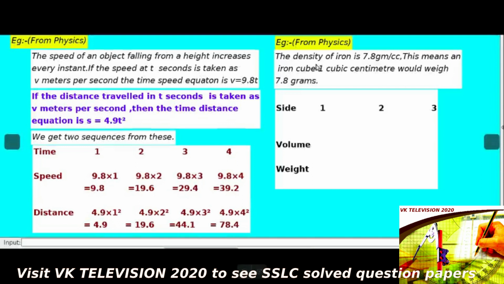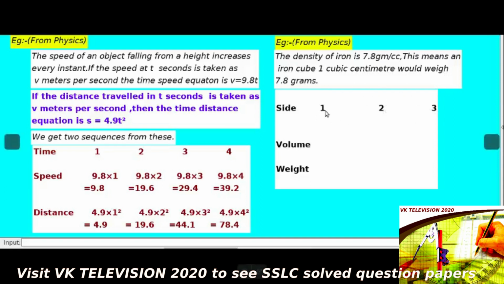Next, the density of iron is 7.8 gram per cc. This means an iron cube of 1 cubic centimeter would weigh 7.8 grams. We take the sides 1, 2, 3. Then we have to find the corresponding volumes of cubes having sides 1, 2 and 3 centimeter.